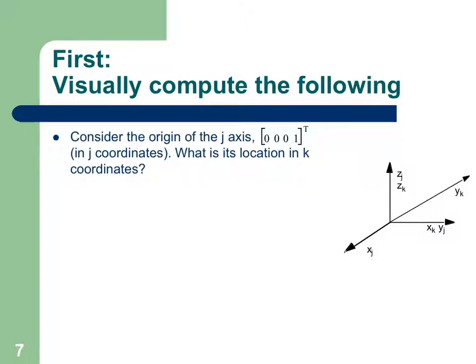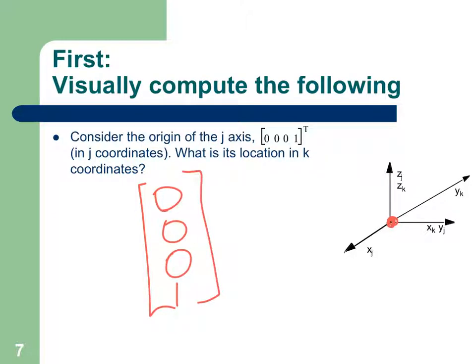We say the location in K coordinates of the origin of the J axis. Well, that's located right there. Did you see that? Right here, right? So its location in K coordinates is exactly the same thing. It's 0, 0, 0, 1, right? It's exactly the same. So that was pretty easy.